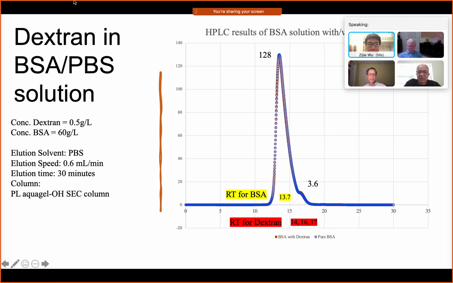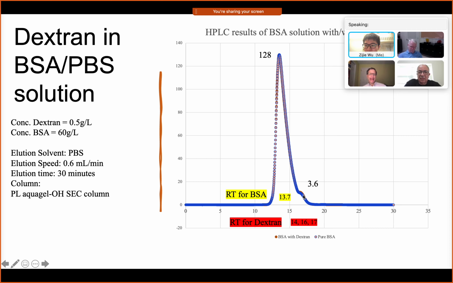So here, to simulate the protein concentration in blood, we are using the BSA concentration at 60 gram per liter. And on the contrary, we are using a quite low concentration of the dextran, and showing in the refractive index diagram here is that the peak for the BSA is really huge compared to the dextran.